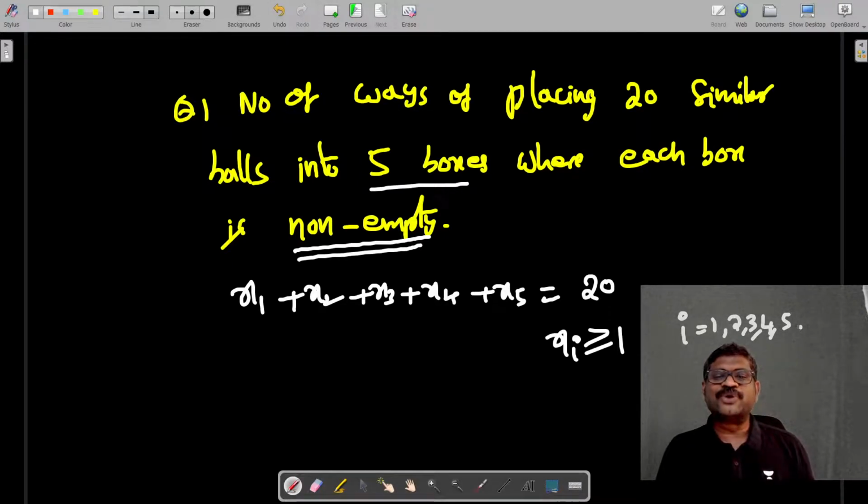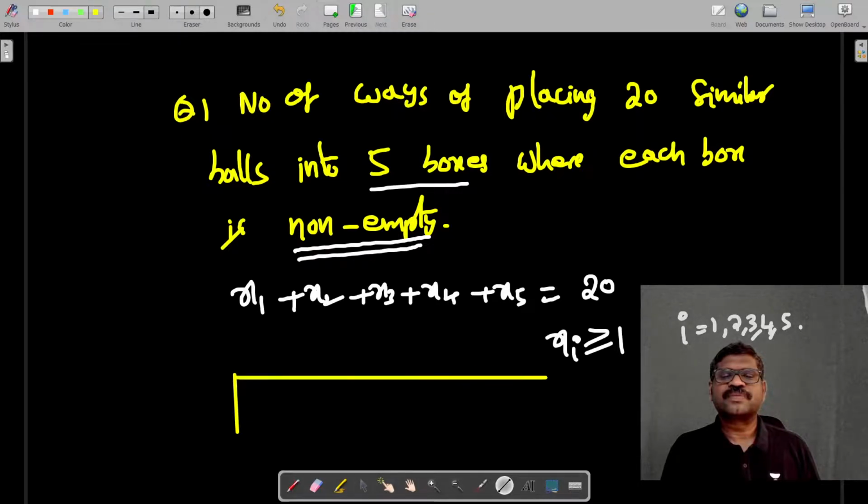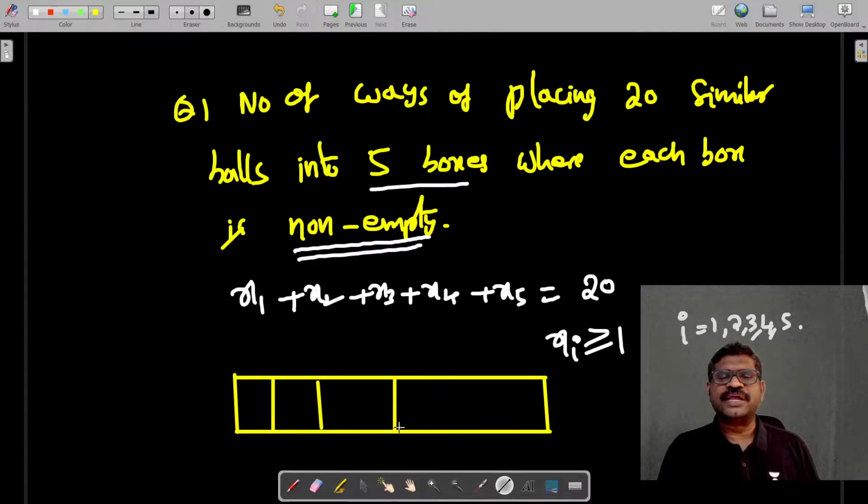That's why what we have to do? First you have to fill each box with one ball. There are 5 boxes, 1, 2, 3, 4, 5.